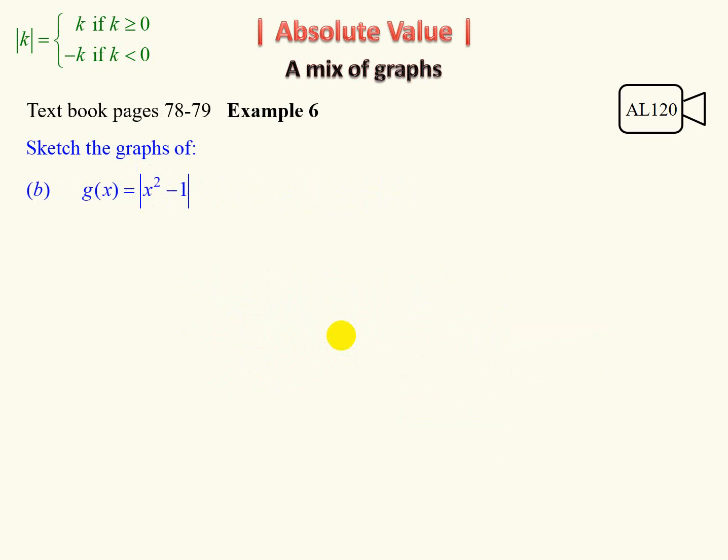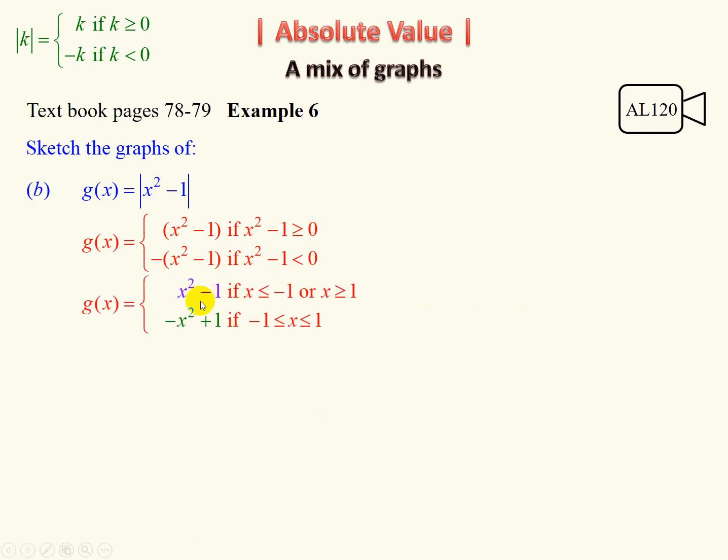B, g of x equals the absolute value of x squared minus 1. So here by definition, status quo, with brackets, if x squared minus 1, the contents of the absolute value, is greater than or equal to 0. And change the sign of it, with brackets, if x squared minus 1 is less than 0.